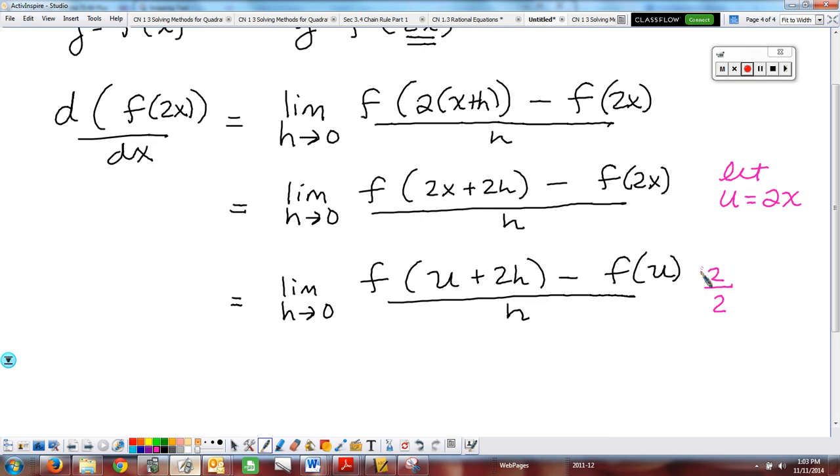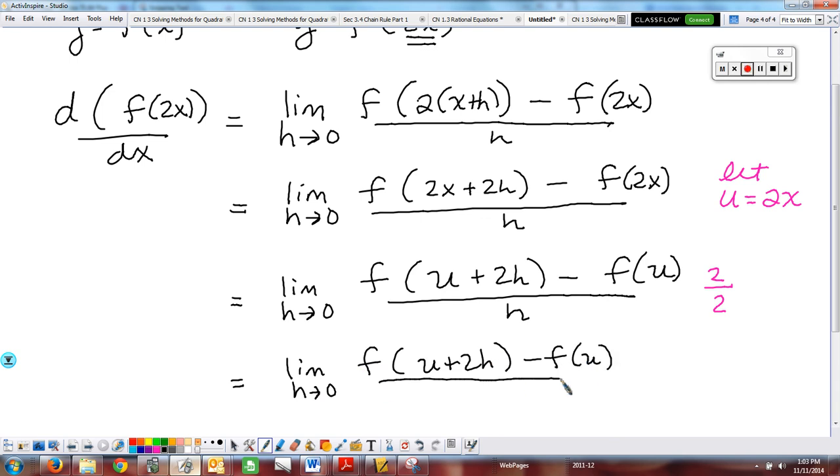You could also think of this 2 as the rate of change of the inside function. So I multiply by this form of 1, and conveniently rearrange this to be f of u plus 2h minus f of u all over 2h, and now there's this extra 2 here.